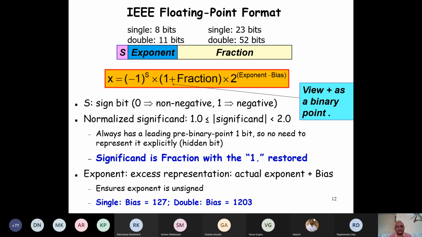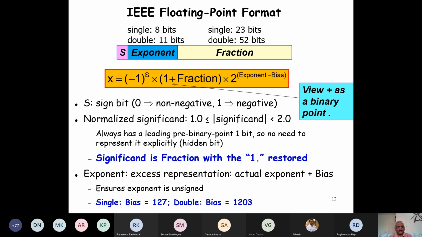Similarly, for a 64-bit representation, 52 plus 11 is 63, plus 1 is 64. So the exponent is 8-bit in single precision and 11-bit in double precision, and we don't want to do this business of keeping a sign bit and doing signed addition, signed subtraction and so on.